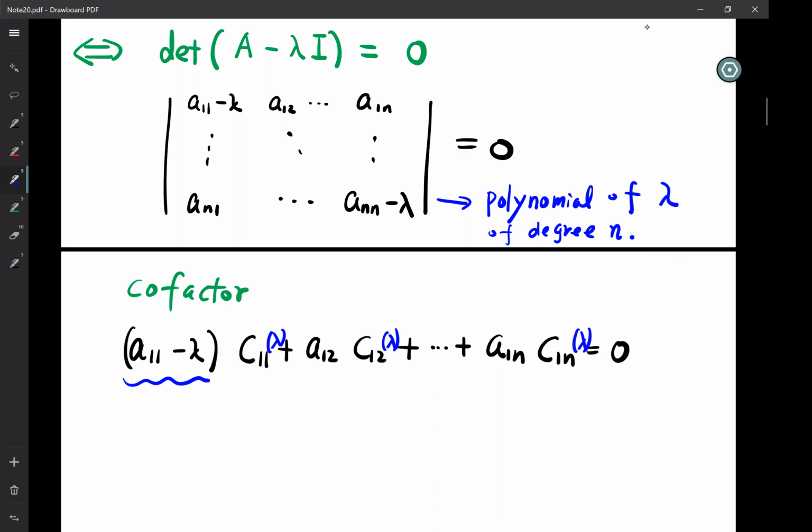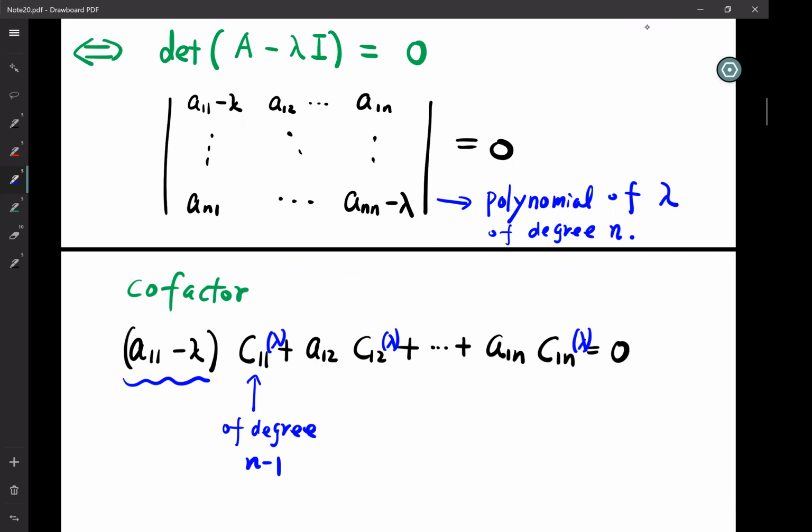I don't know how to define the determinant of an n-dimensional matrix directly; I assume the determinant of an n-1 dimensional matrix has already been defined and then expand. So I assume C11 is a polynomial of lambda of degree n minus 1. Multiplied with this factor of degree 1, it is a polynomial of degree n.